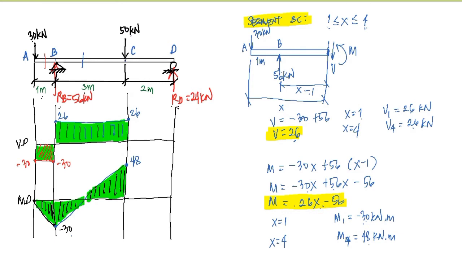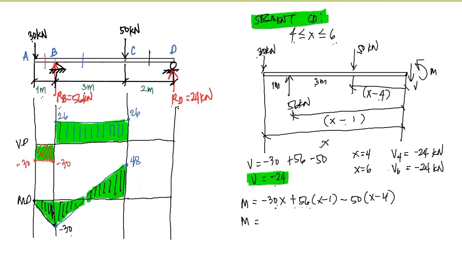So we will just copy this, 26x minus 56. Then we have 50. So this is negative 50x plus, that's 50 times 4, so it's 200.